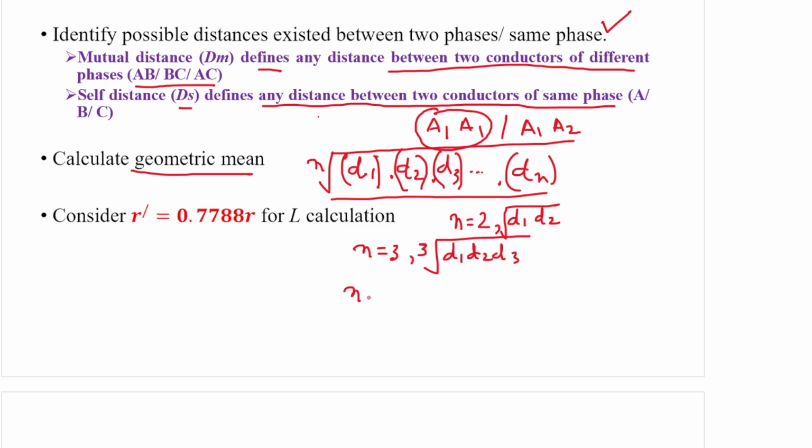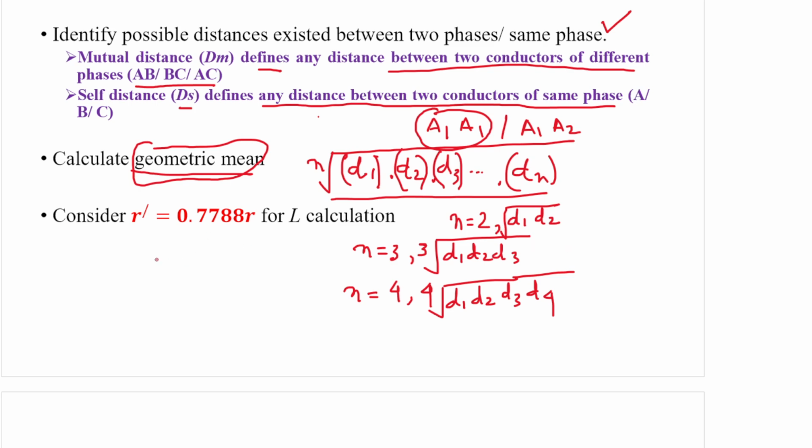If you have n equal to 4, then you take the fourth root of d1, d2, d3, d4. So you should calculate the geometric mean: identify the number of terms, take the product, then take the nth root, where n is the number of terms.